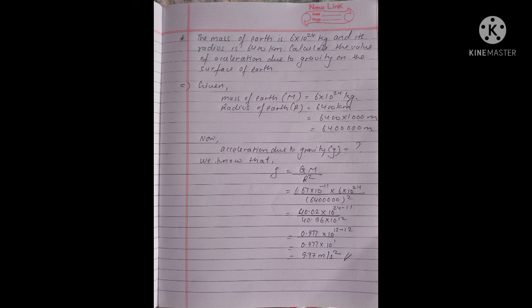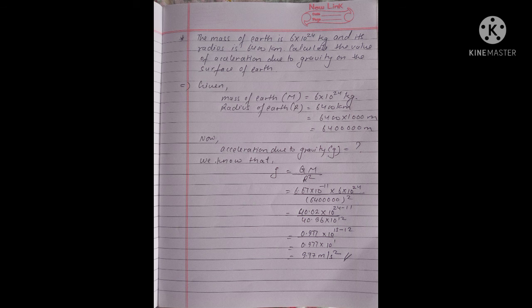Now acceleration due to gravity small g equal to what? We have already derived the formula, which is g equal to capital G capital M upon capital R square. We know the value of G, 6.67 times 10 to the power minus 11, times the mass of Earth, which is 6 times 10 to the power 24, and the radius of Earth, 6400000, whole square. We'll multiply like we did in the earlier classes.